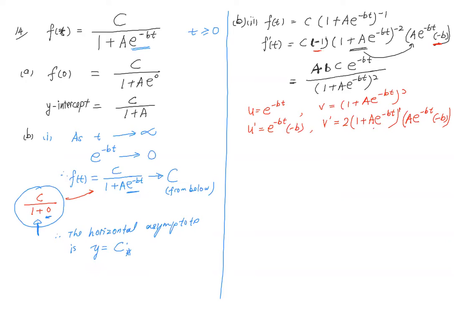So we get our f double prime t. Okay, change the color. So the ABC we can just put outside.